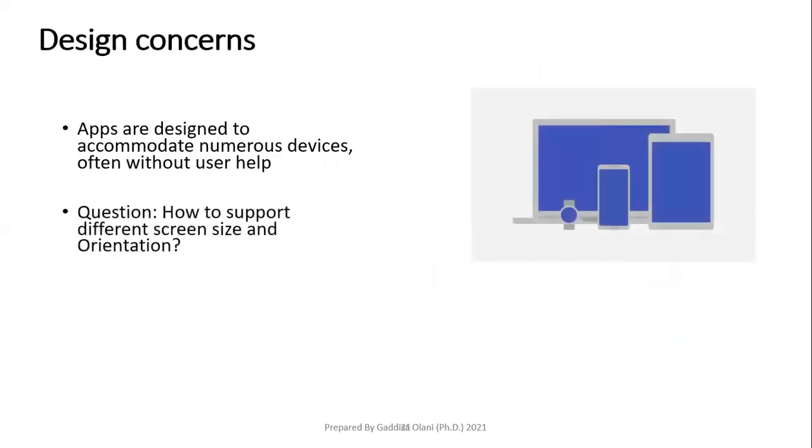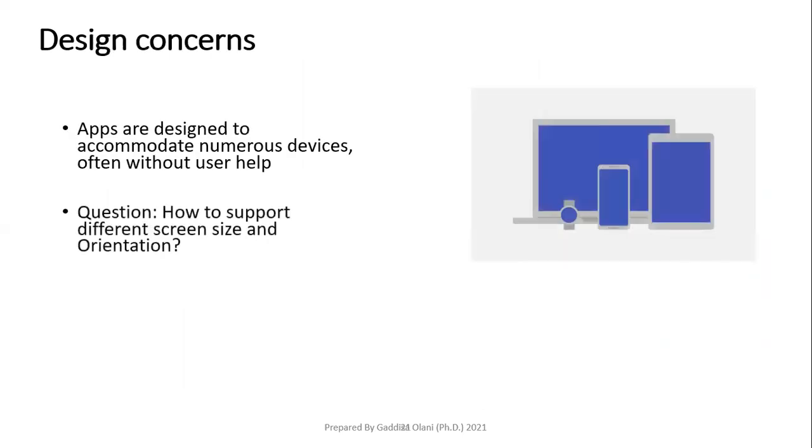Of course, there are some design concerns when we are building an application for a mobile device, because mobile devices come with different screen sizes and different resolutions. So the key question here is how to support different screen sizes and orientations. If you only consider portrait mode, and the user rotates the screen, you may come up with an ugly GUI for your application.